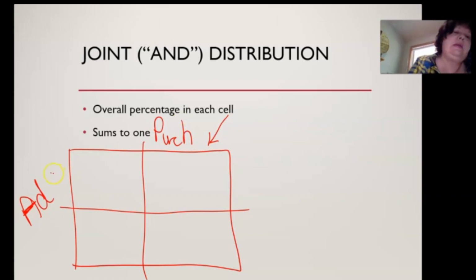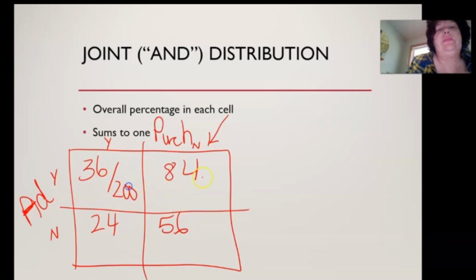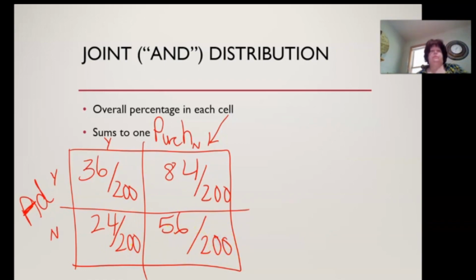Saw the ad, yes, no. Purchase, yes, no. And then what we would do is take our numbers, 36, 84, 24, and 56, and divide them all by 200. And then we'll get percentages, and that will sum to 1.